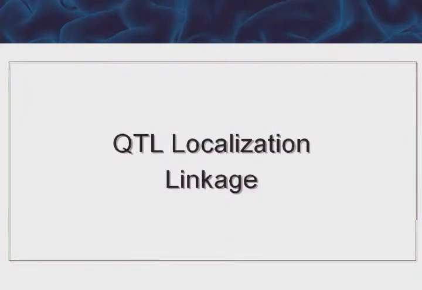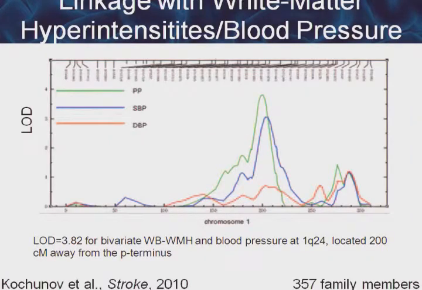Okay, QTL localization linkage. So I just threw up an image from Peter Kochunov's paper. This is actually a very interesting scenario because, as Peter pointed out, doing a bivariate analysis is sometimes quite useful, and that's actually what was done here. What you're seeing here is the LOD score at 3.82 for bivariate linkage using whole brain white matter hyperintensities and blood pressure, right?